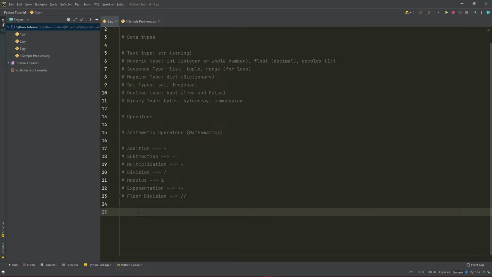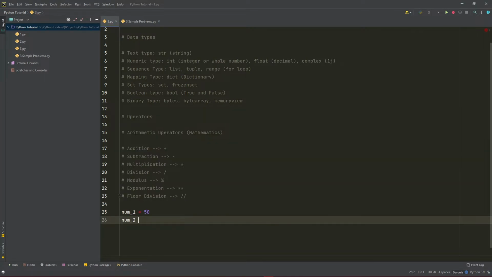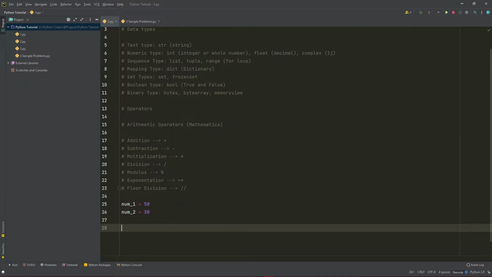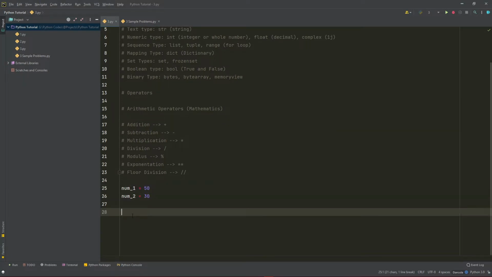So we can just use two numbers and then create operations with these operators. So we have the num1. I think, let's just assign this to 50, and then num2 will be 30. Okay. Now we can use these two variables for addition. So let's try to add them together.